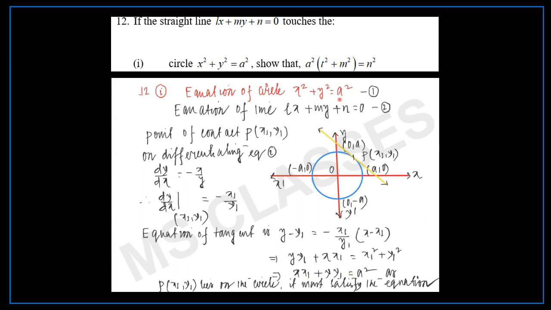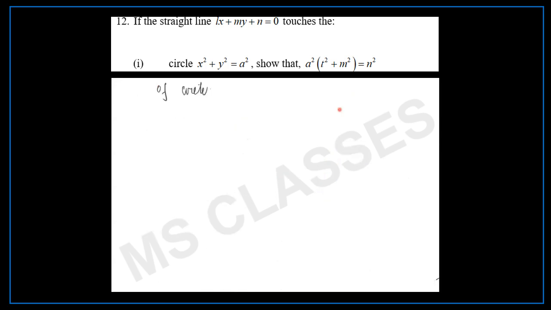Now, since this tangent and this line should be identical, that is what we mean to say: the tangent line marked as 3 and this line should be identical. Equation 2 and equation 3 should represent the identical line.